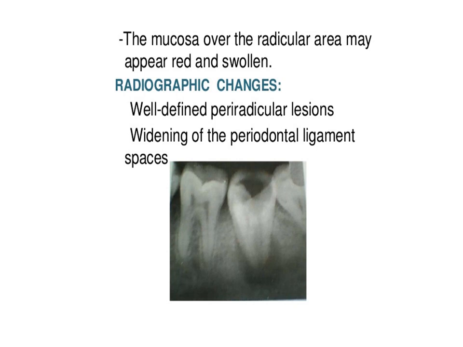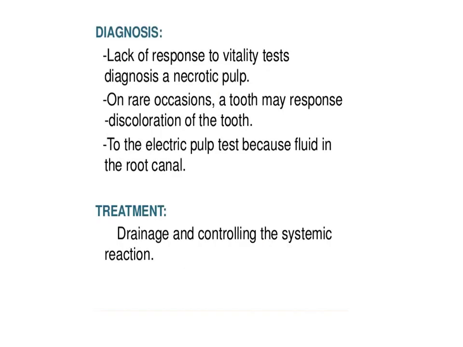On X-ray, there will be a well-defined periradicular lesion with widening of the periodontal ligament space. The elevation of the tooth from the occlusal plane is due to the pressure at the apical region, so it elevates the tooth a little bit. Diagnosis, definitely there is a lack of response to vitality tests.